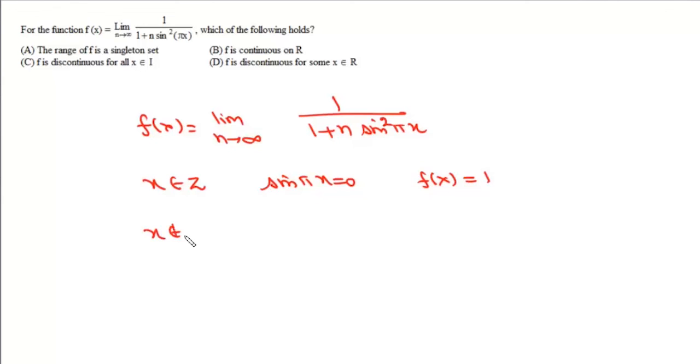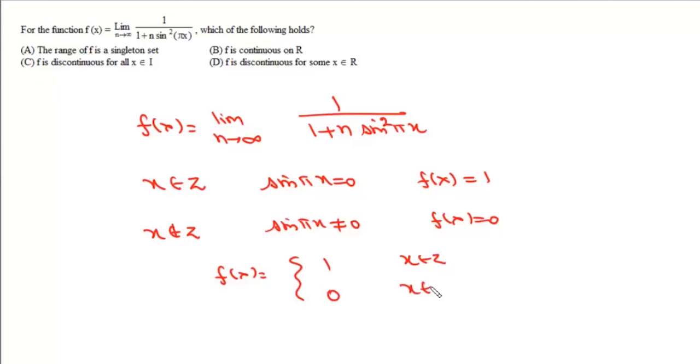Now when x is not an integer, then in that case sine pi x is unequal to 0, and if it is unequal to 0, then we put this limit n tends to infinite, it will be 1 upon infinite, which is 0. So this function will take the value 0. So this function f(x) is such that it is 1 if x is an integer, and it is 0 if x is not an integer.